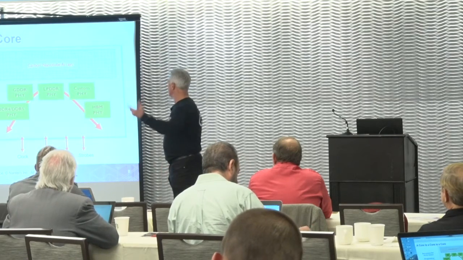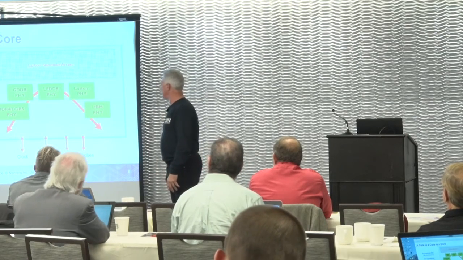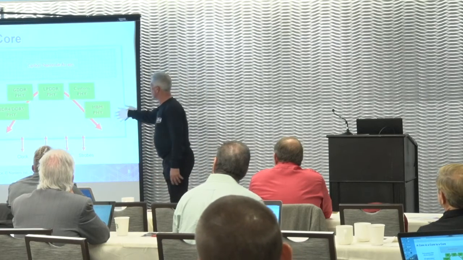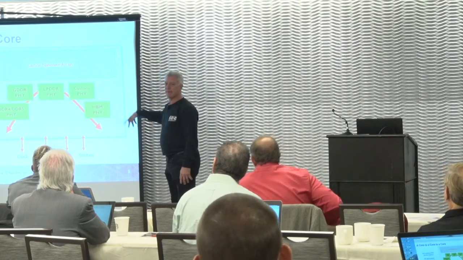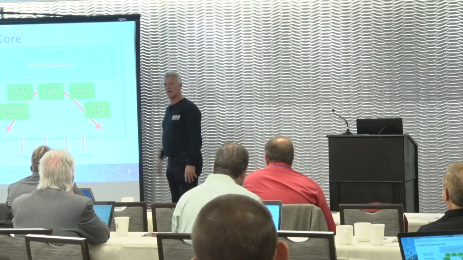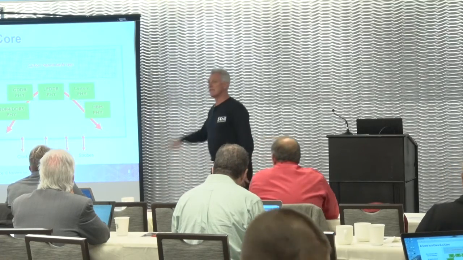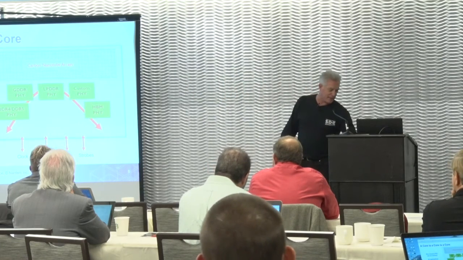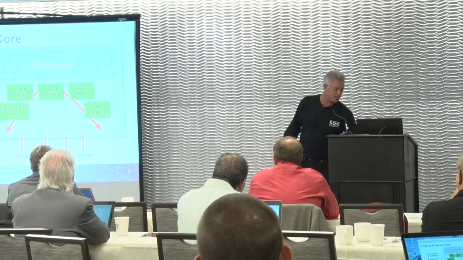HBM. You can do LPDDR or GDDR. It doesn't matter what the PHY is on the front end. That's the only difference between these basic memory technologies. So what I'm saying is that we're going to be able to offer multi-gigabit level devices in all of these device categories. And that should get you a little bit more excited.